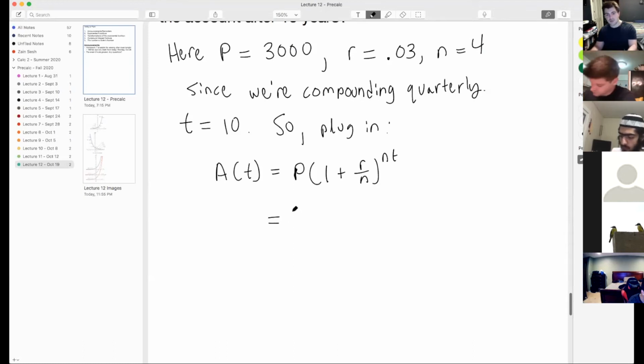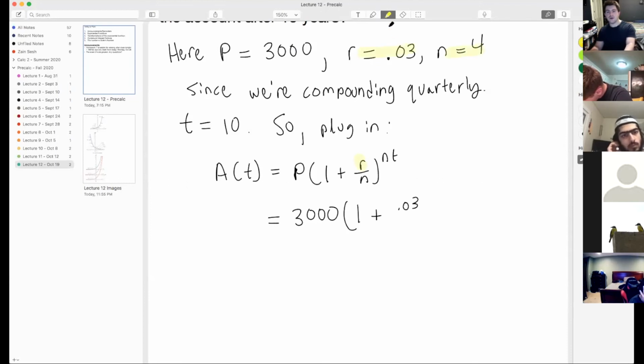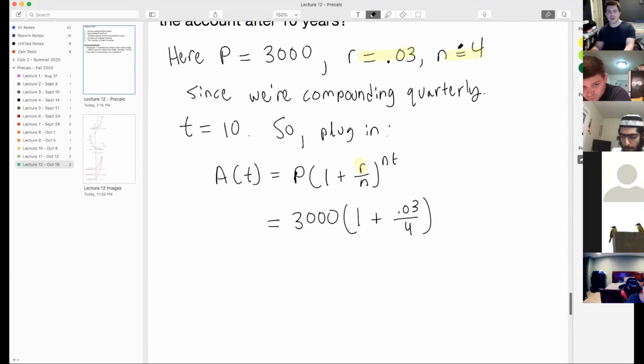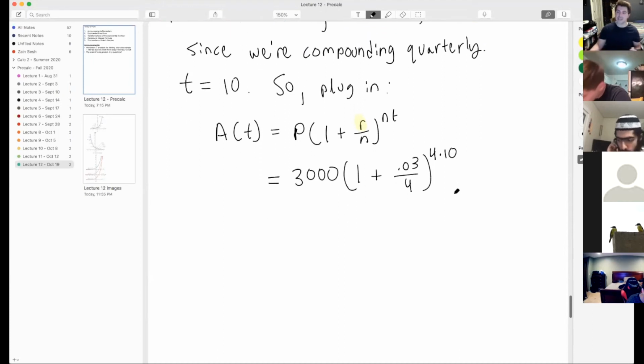P I will replace with 3,000, multiplied by 1 plus R over N. R is 0.03, N is 4, so 0.03 over 4. And this will be to the N times T power. N is 4 and T is 10, so it's going to be to the 4 times 10th power, AKA to the 40th power.